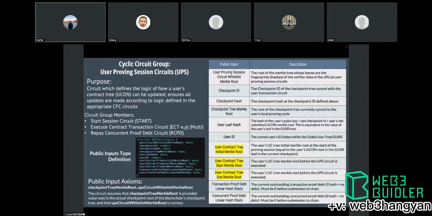But for the cyclic circuit, as I mentioned, it's just recursively verifying a bunch of the contract function circuit proofs, and essentially it maintains a state tree for a given user. And when it takes in a contract function circuit proof, it's going to update the state tree via a delta Merkle proof for a given contract, and also resolve different calls to that linear proof debt hash stack.